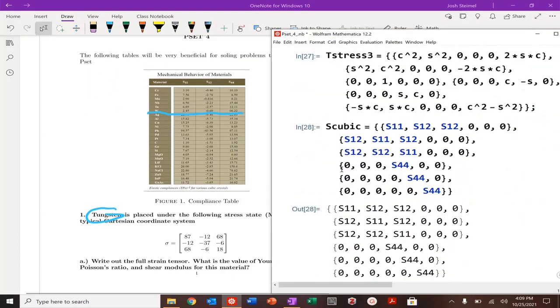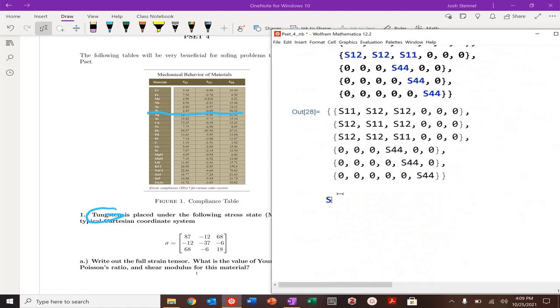So I could do S tung, which is going to be equal to S cubic slash dot. I'm going to say S11 goes to 2.45 times 10 to the minus 12. It's inverse terapascals.